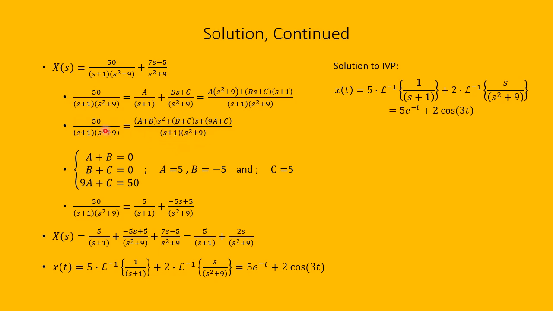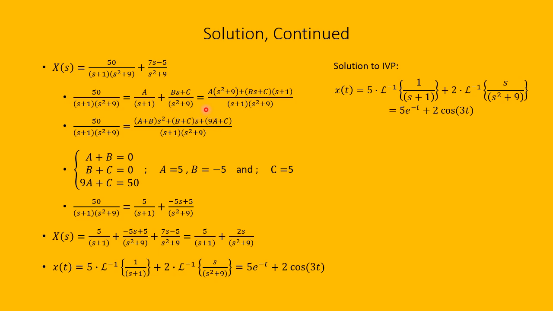These two functions of s have to be identical. That means, since they have the same denominator, these numerators must be equal. So this stuff up here must equal the constant 50. So this numerator must be 0s squared plus 0 times s plus 50.